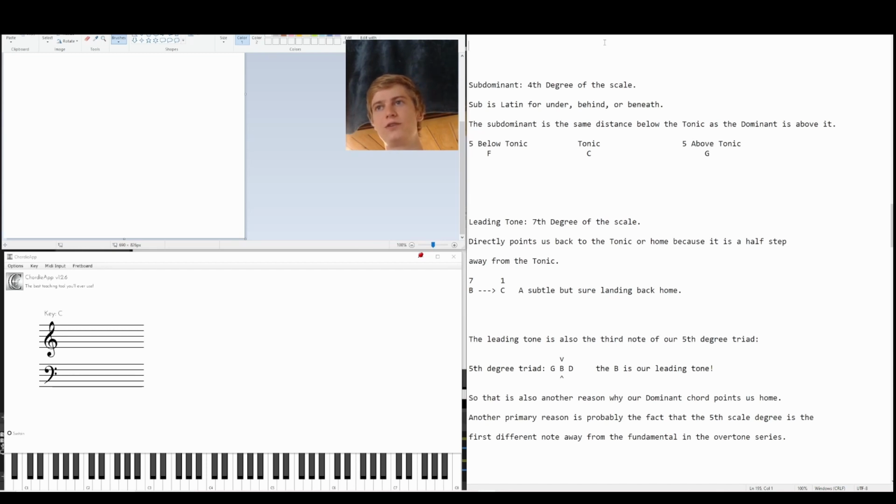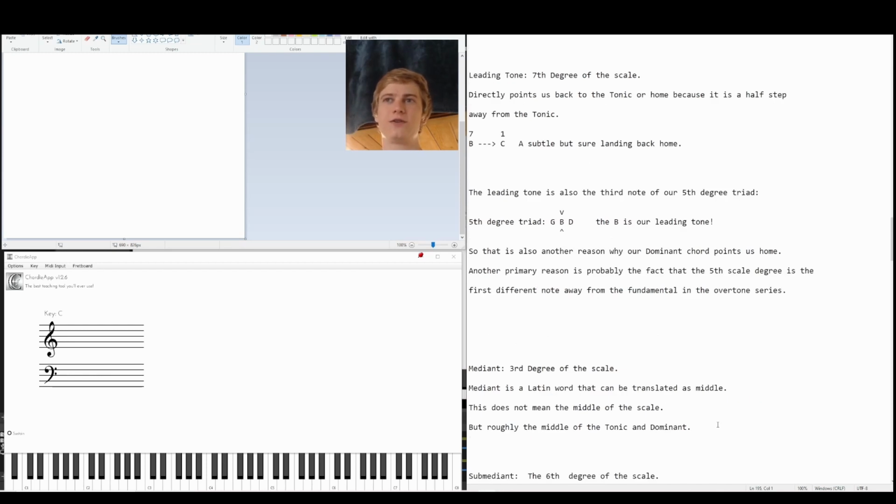So if we're going to be counting from C, and we're going to be counting down 5 notes, we land on F. But if we start on C and we count up 5 notes, then we land on G. So as you can see, the subdominant is basically a dominant counting down from the tonic, while a dominant is a dominant counting up from the tonic.